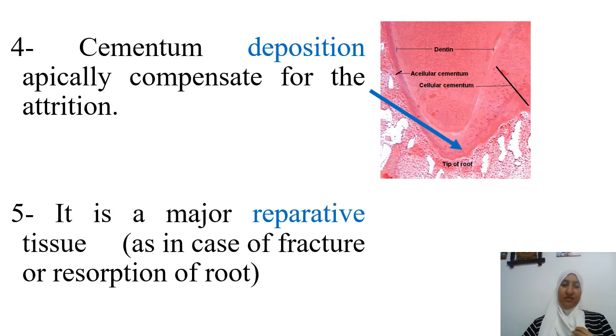Also, if we have any condition, minute fracture or resorption of the root, the cementum can heal these parts, but as I mentioned, it's very difficult to attain reparative cementum. But it could happen, but not as in case of any defected bone.